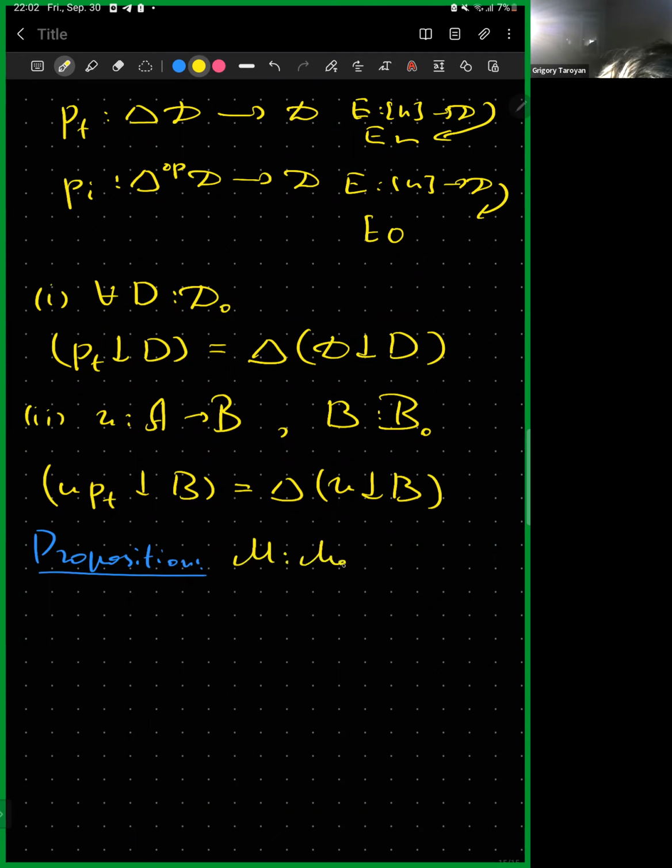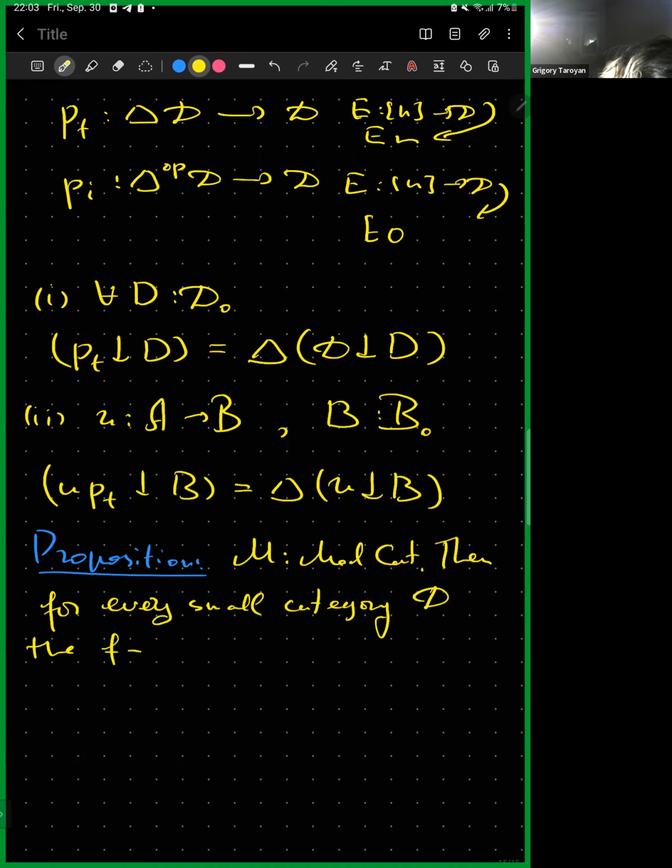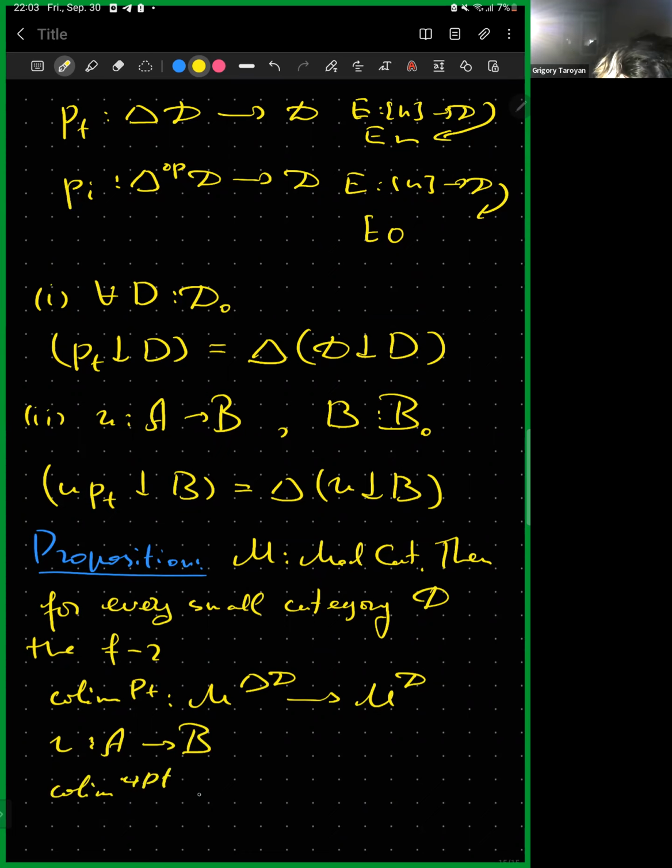So assume that M is a category, and then for every small category D, the colimit functor of the terminal projection from diagrams over the category of simplices to diagrams over the category itself, or if we have a functor, then we can consider such a colimit.